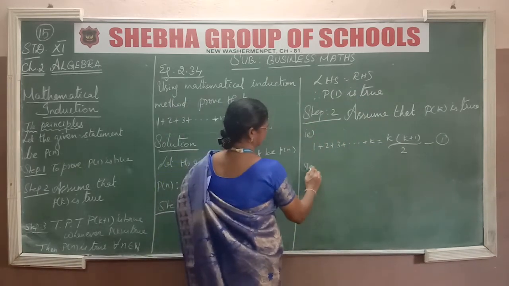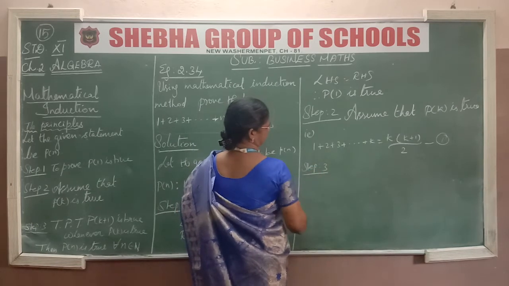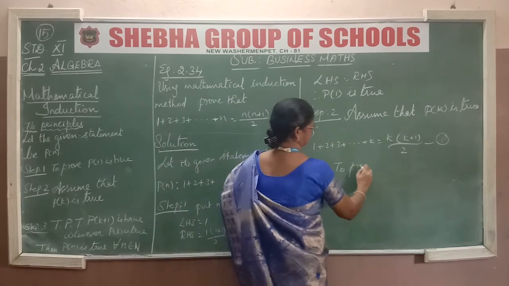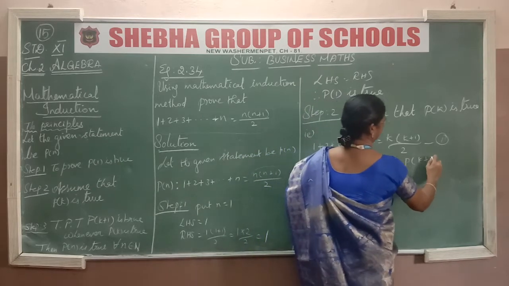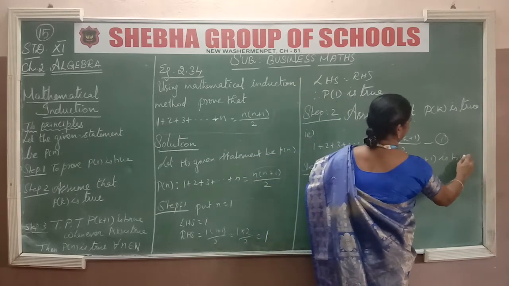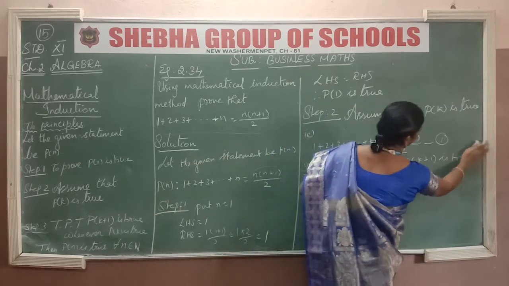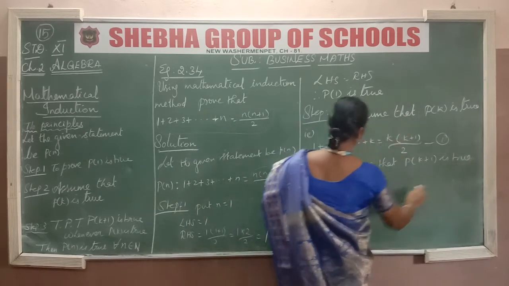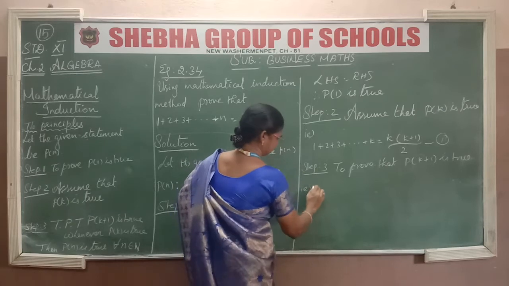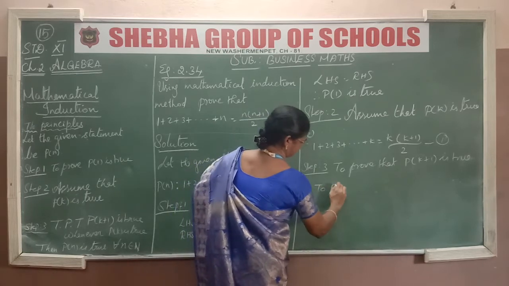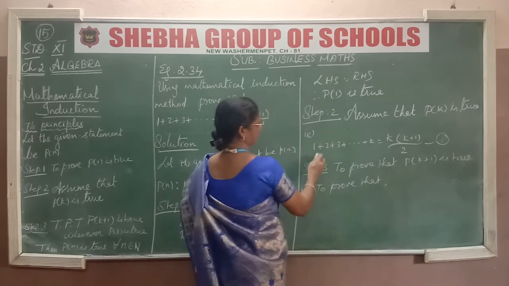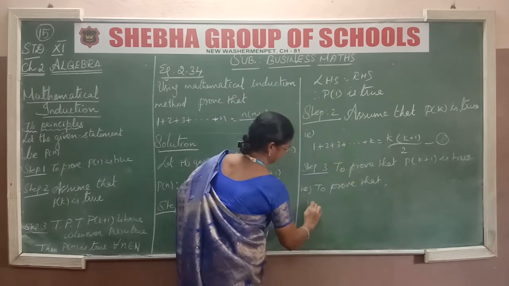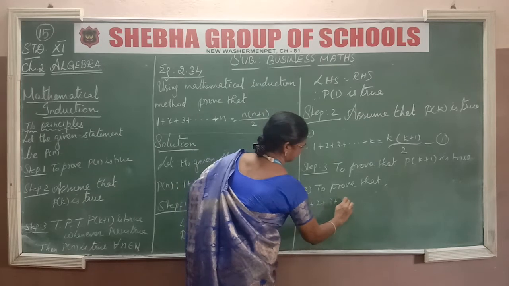And step 3 is to prove that P of k plus 1 is true. That is, to prove that, this is k terms, isn't it? 1 plus 2 plus 3 plus etc. up to k.